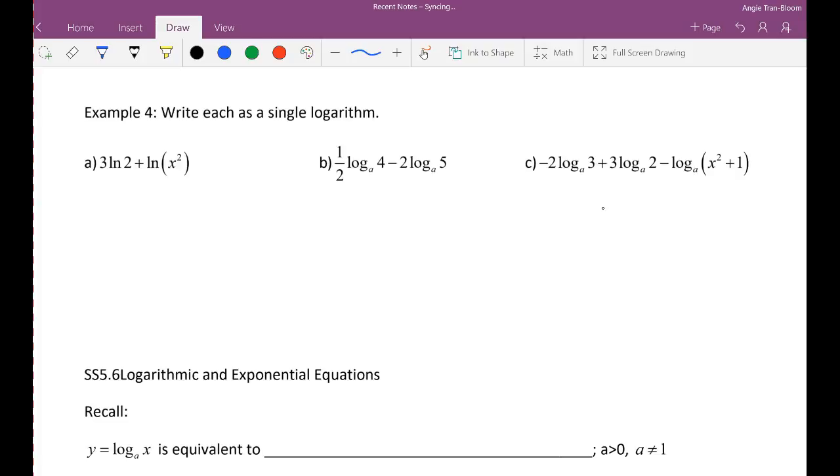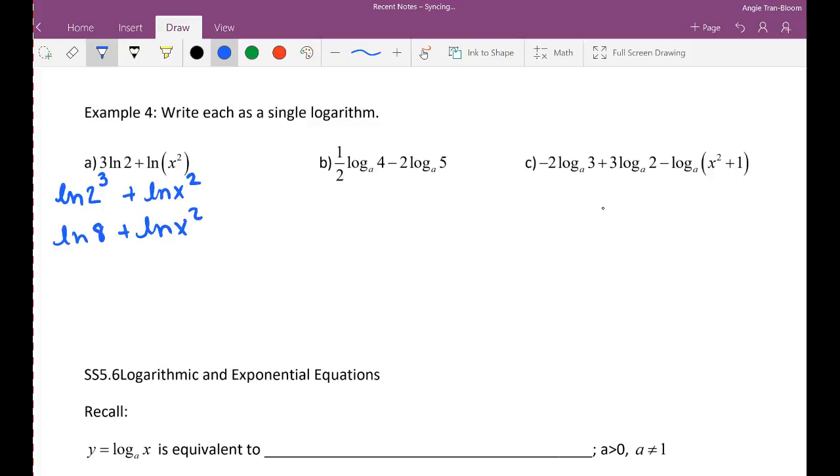2 times natural log of 2. Perfect. Make 3 as your exponent because it's a factor. And then bring down the ln of x squared. When you can simplify, please simplify. Can I simplify 2 to the third? Which is 8. So ln of 8 plus ln of x squared.